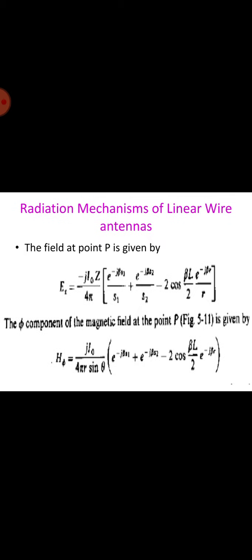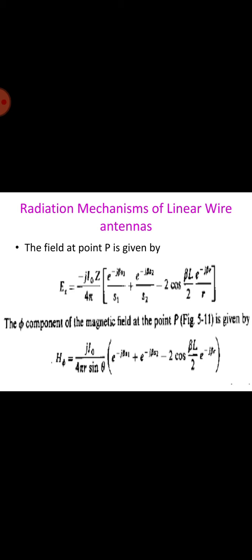The maximum current is denoted by I naught, and you can see that the Z component of the electric field at the point P is given by E is equal to j I naught Z divided by 4 pi into (e power minus j beta s1 by s1 plus e power minus j beta s2 by s2 minus 2 cos beta L by 2 e power minus j beta r by r).